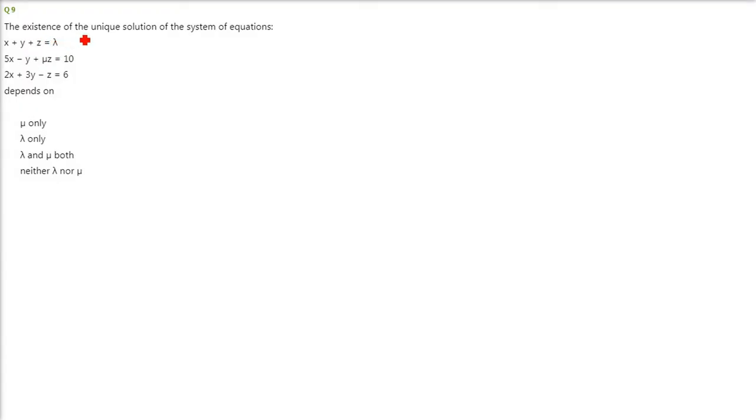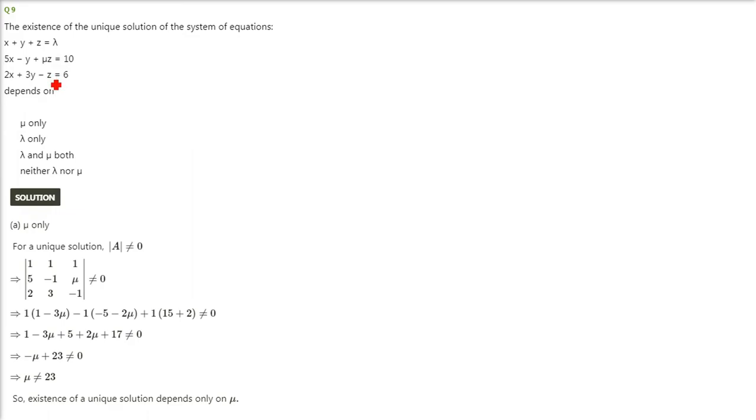The existence of unique solution of the system of equations. So you have these three equations, and there is a next question which is also exactly like this. So just understand this. We have 1, 5, 2, 1, minus 1, 3, and z is 1, mu and negative 1. So we'll find out the determinant of it.